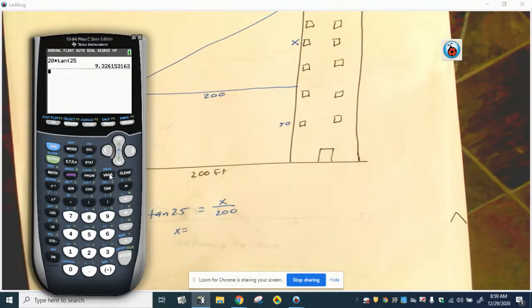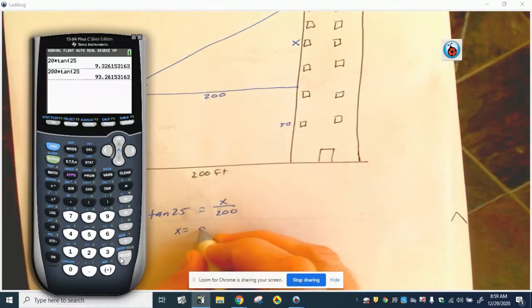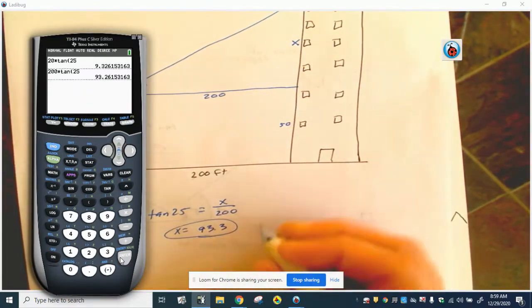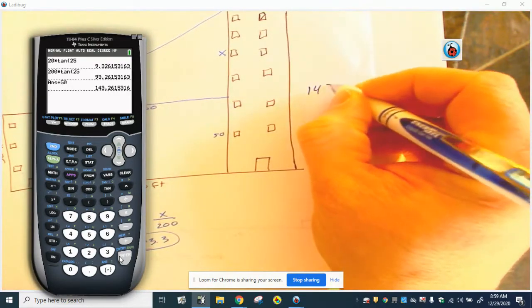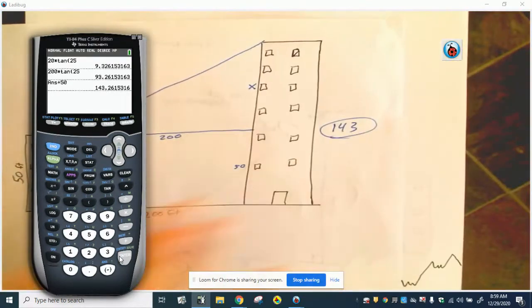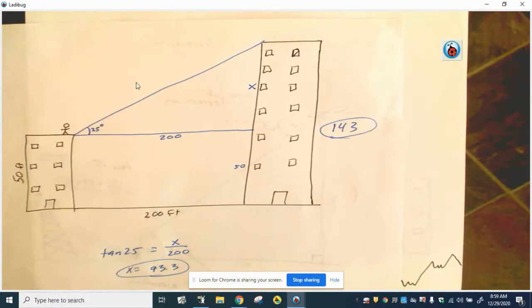Okay, so it'd be 93 feet. And then all we would have to do is add that 50 in, and we would have the height of the building as 143. Okay, so that's another use for angle of elevation, angle of depression.